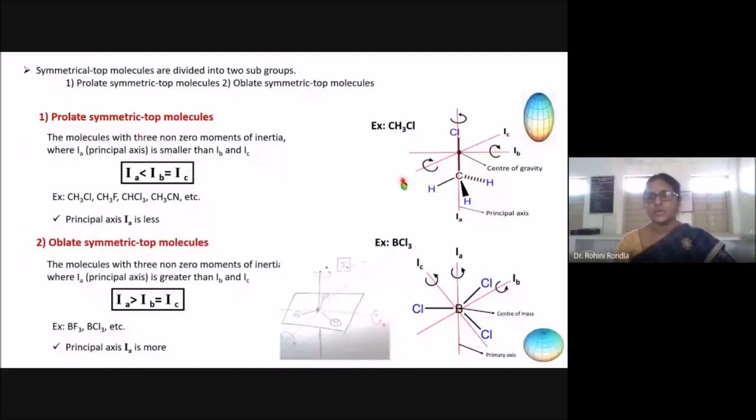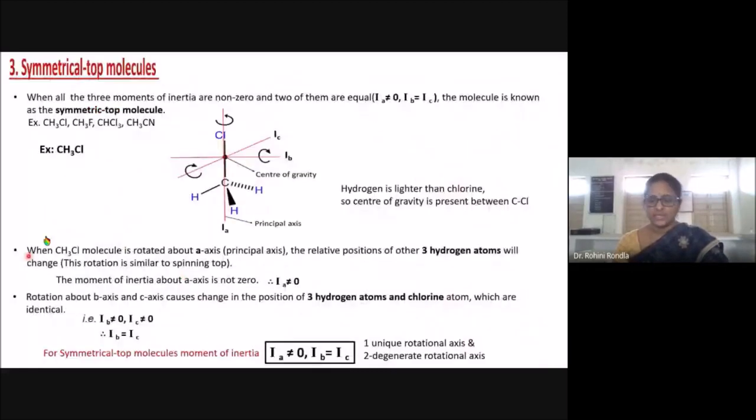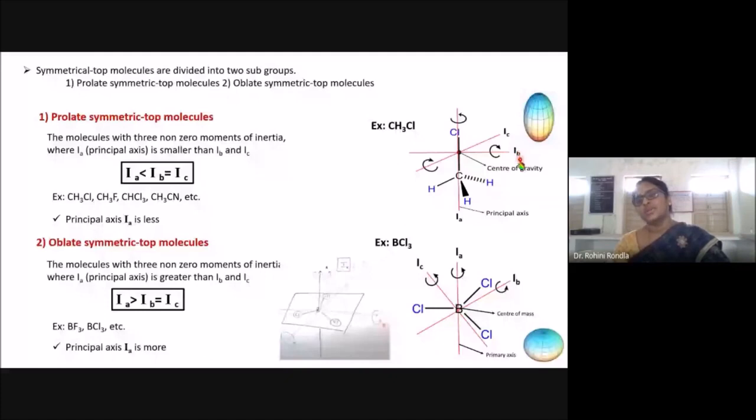Same example, methyl chloride. We know that the center of gravity is at the chlorine side, IA is not equal to 0, IB is not equal to 0, IC is not equal to 0. We just saw this here. But see here, the relation between the three moments of inertia.